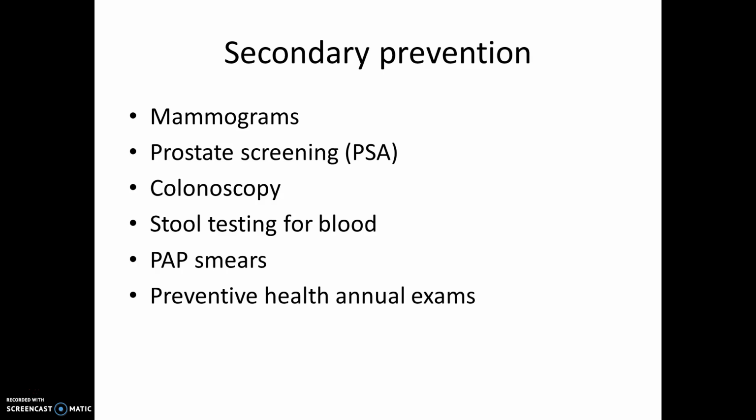A lot of these are focused on cancer screening, again with the thought that early screening and early detection will help aid in prognosis and possible cure. Preventative health exams are also an example of secondary prevention. Again, identifying an issue early and often is a critical piece to the public health message around secondary prevention.